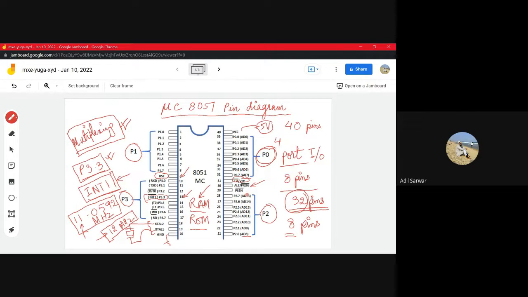First let's talk about the unmultiplexed port, which is P1. You see, none of the pins of P1 are multiplexed.